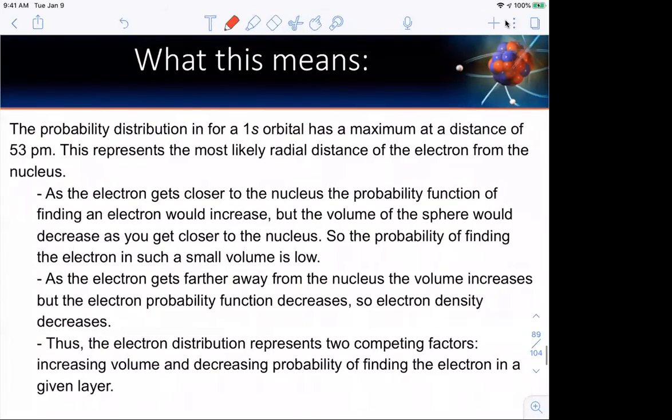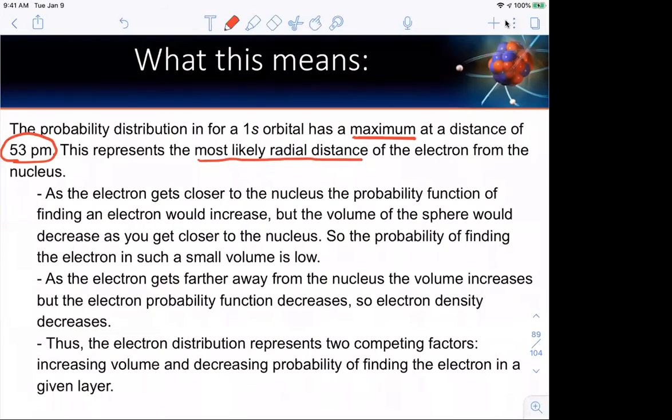So what does this mean? It means that the probability distribution for a 1s orbital has a maximum at a distance of 53 picometers. This is the most likely radial distance of the electron from the nucleus.